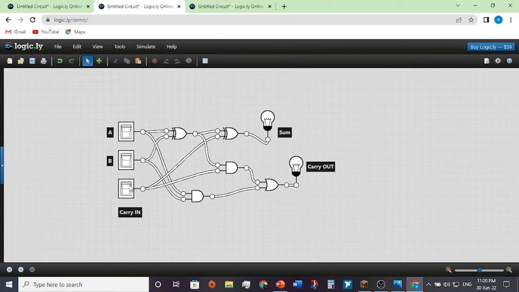Okay, so when we have 0 0 1, sum is 1. 0 1 0, so this one. And let's take 0 1 1: sum is 0, carry is 1. 1 0 0, sum is 1, here it is 0.